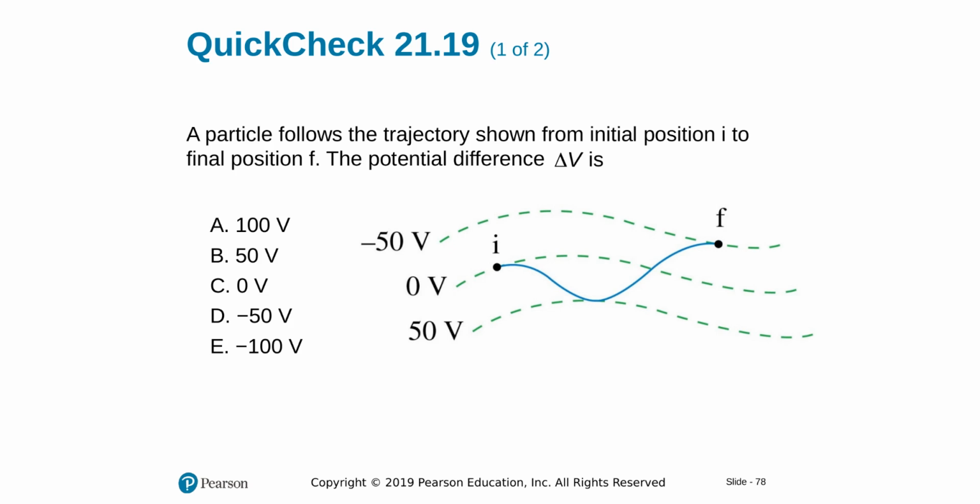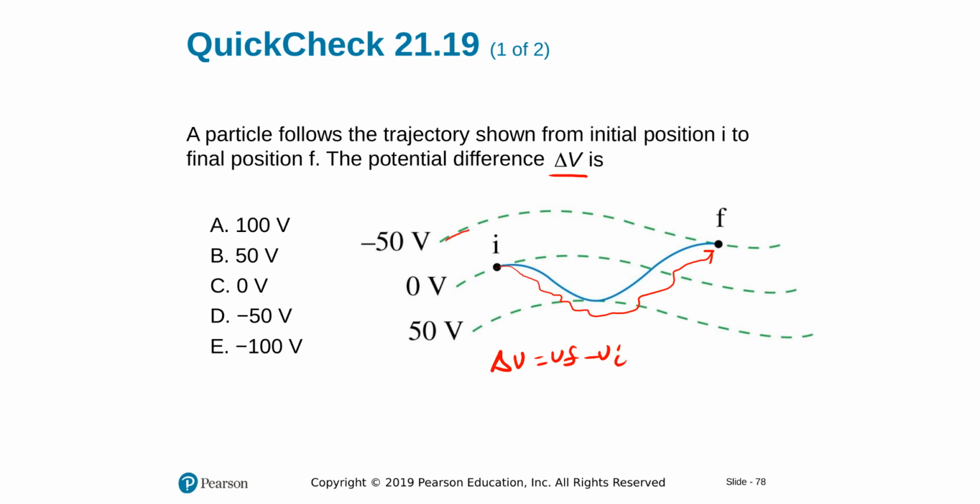This is also a nice question. It's asking about delta V as we move a charge from here, taking this path there. Delta V is always, that's the point here, V final minus V initial, no matter what path you take.